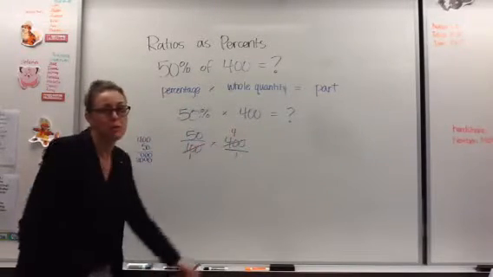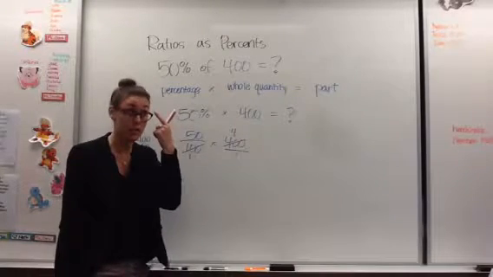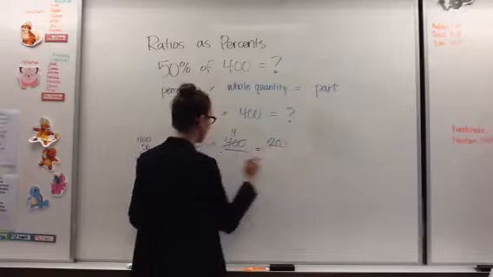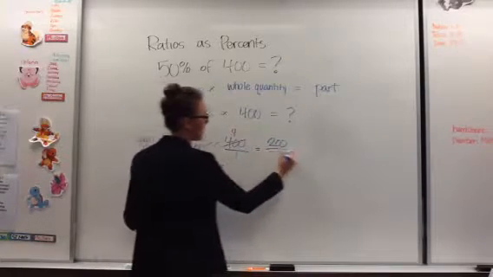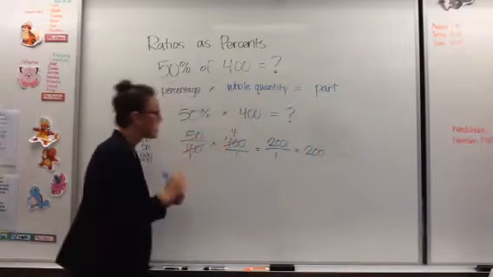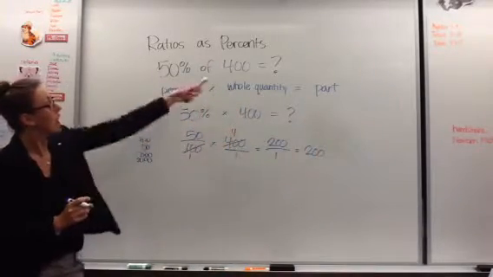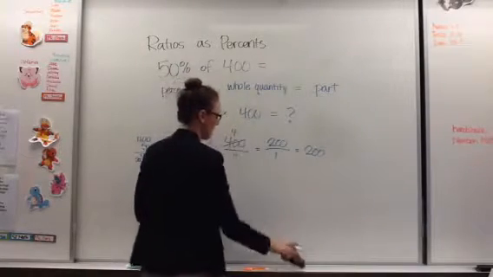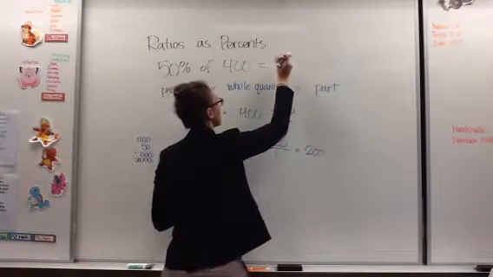So 4 times 50 is way easier for me to think about. I know that 4 times 50 equals 200, and I know 1 times 1 equals 1. So I have 200. So 50% of 400 equals 200.